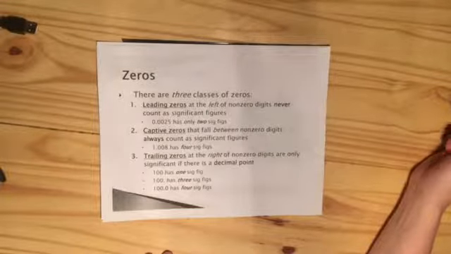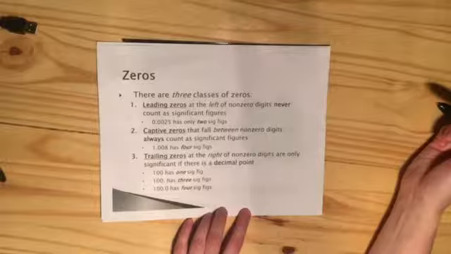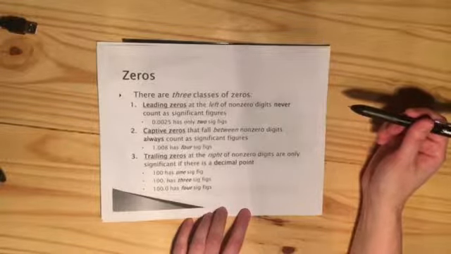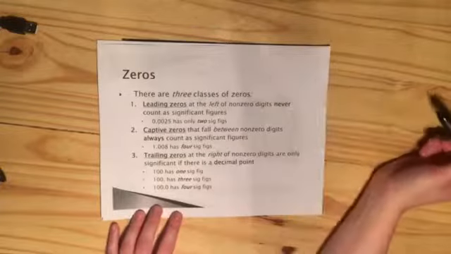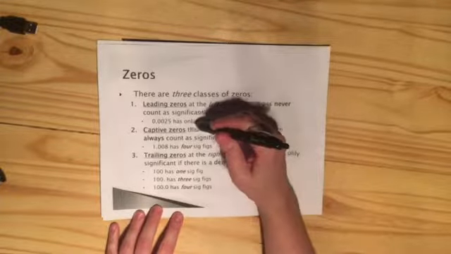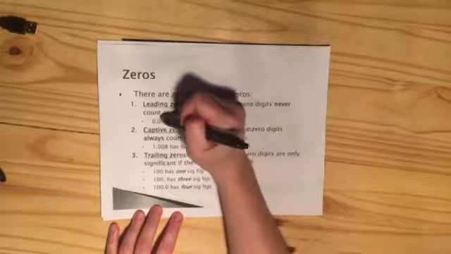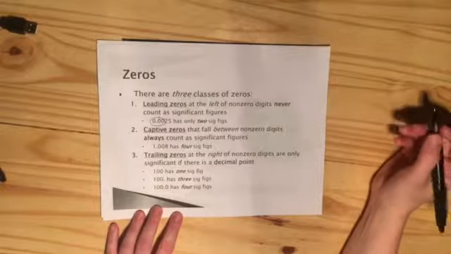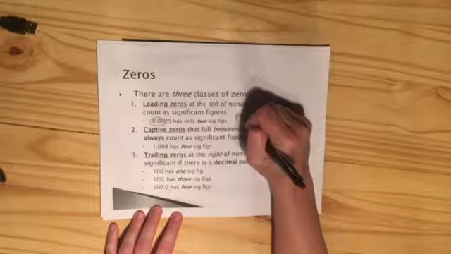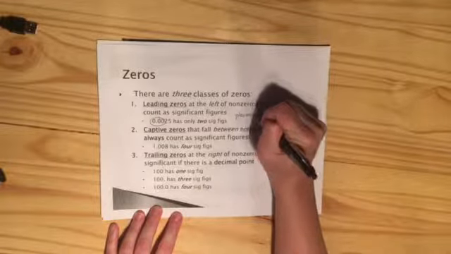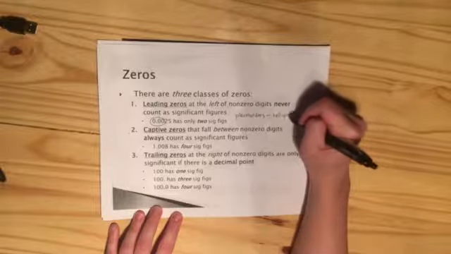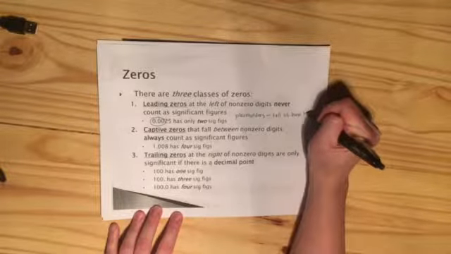Leading zeros are to the left of non-zero digits, and they never count as significant figures. So 0.0025 has only two significant figures because these zeros are leading zeros. They're only placeholders. They tell us how big or small a number is.